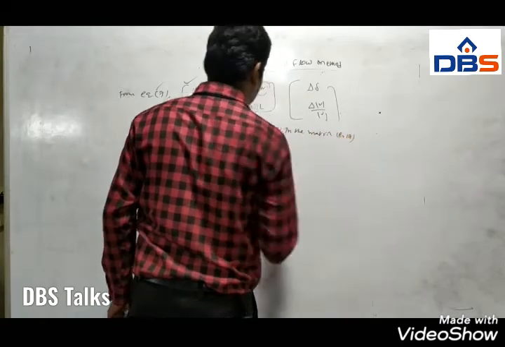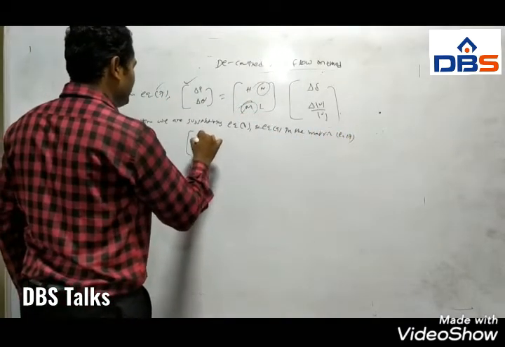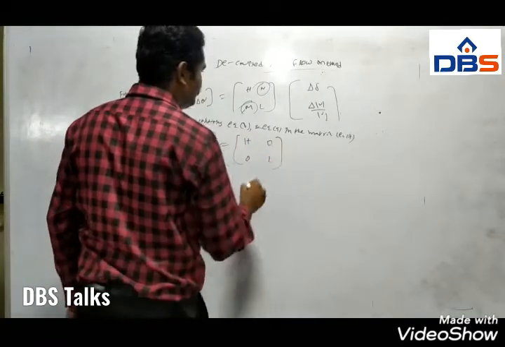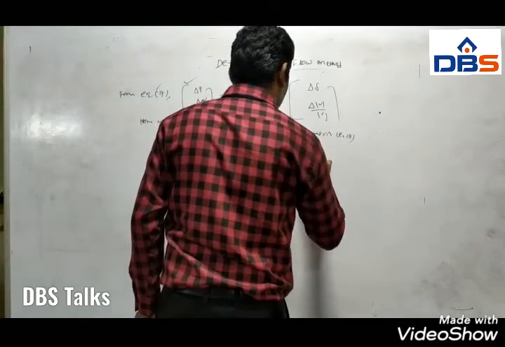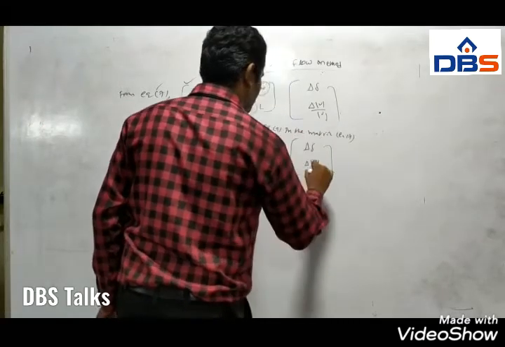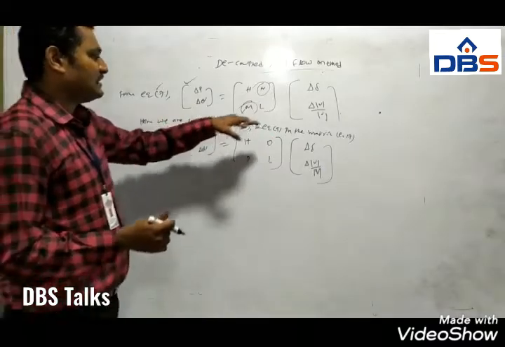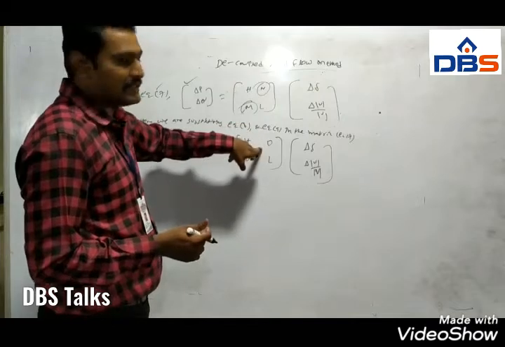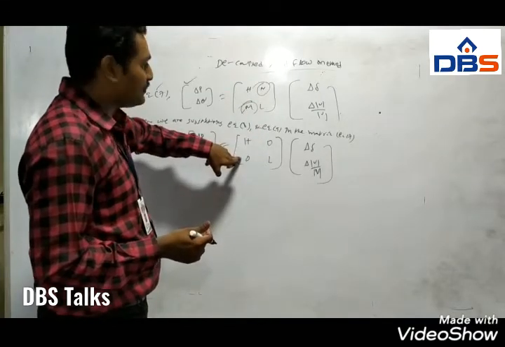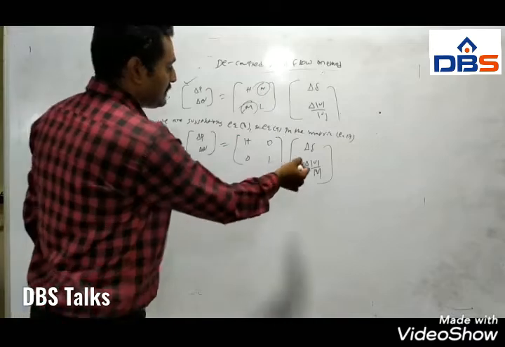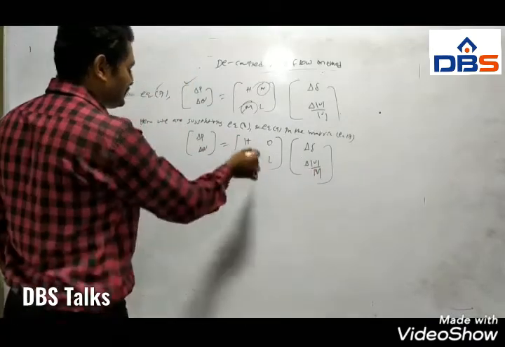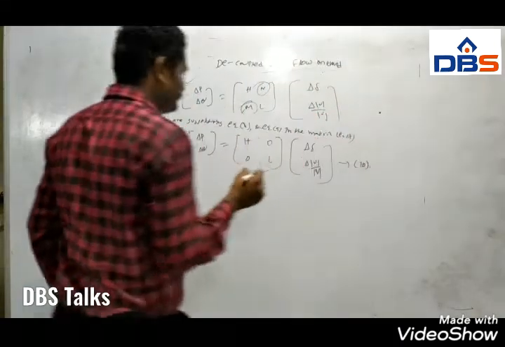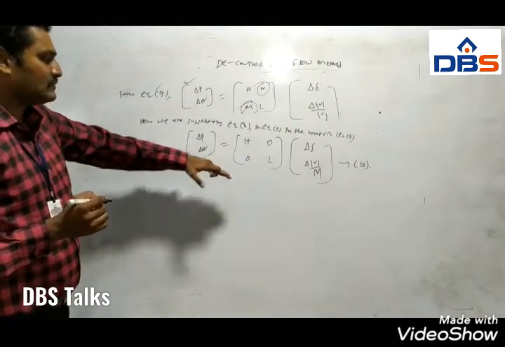That means equation 7 can be rewritten as [ΔP; ΔQ] equal to [H 0; 0 L] times [Δδ; Δ|V|/|V|]. After substituting, H stays as usual, in the N place we take 0, in the M place also 0, and L. Take this equation as 10. After substituting, the matrix looks like this.